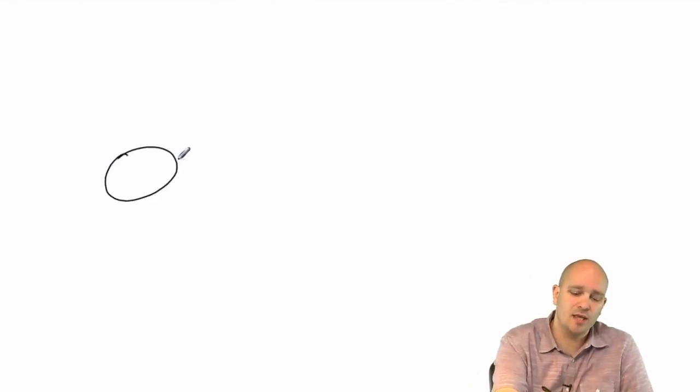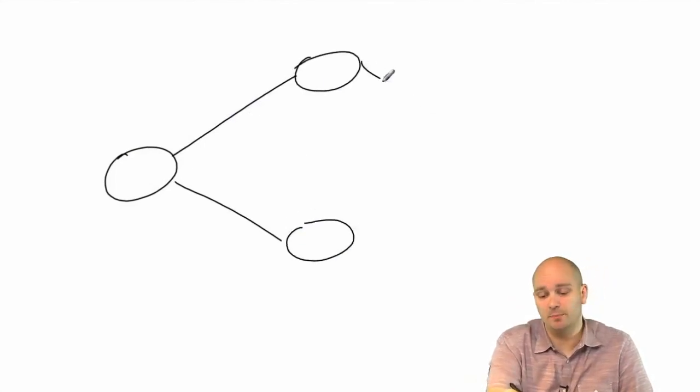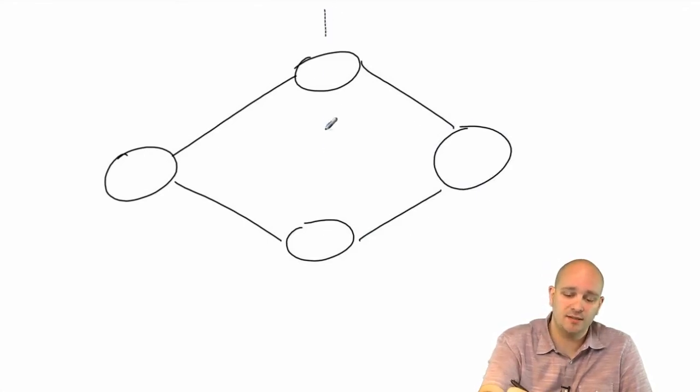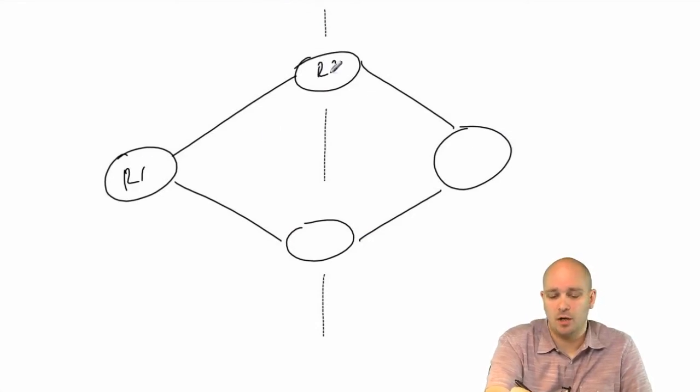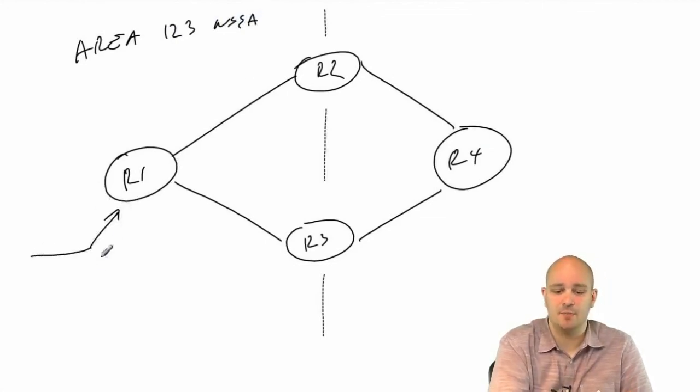There is one more interesting thing about the NSSA areas, and that is when we have multiple ABRs in the NSSA area. So let's take a look at the example that might look something like this. So we have R1, R2, R3, R4, and let's say that this here is our area 123 NSSA, and that R1 here is redistributing some network here.